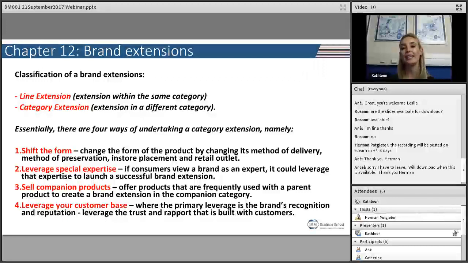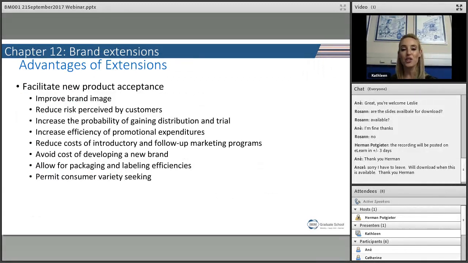So any extension that they make, they're seen as an expert in that particular field. You can also use it to sell companion products. The best example is where you have shampoo and conditioner made by the same company. They go together. And you can also use it to leverage your customer base, where you try to get a little bit more out of the customers that you've already developed a good relationship with.